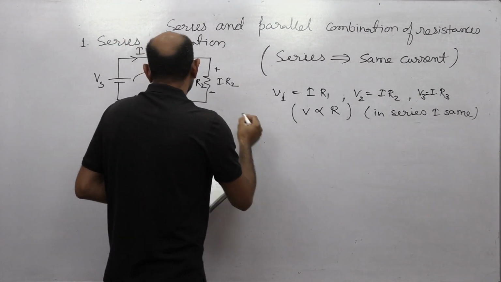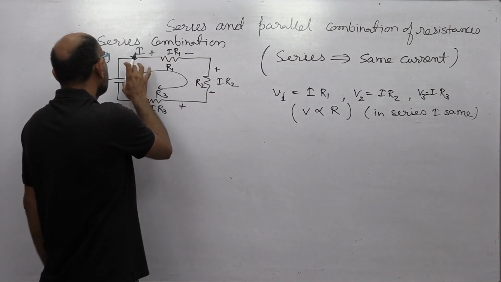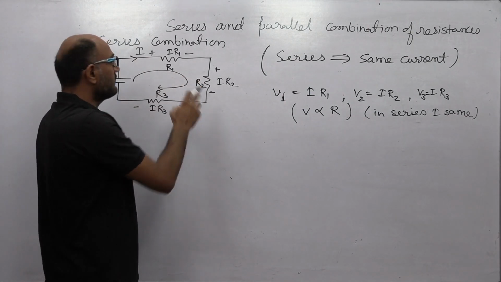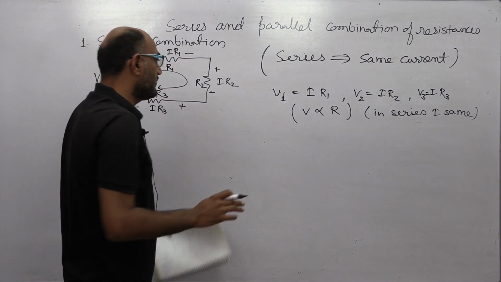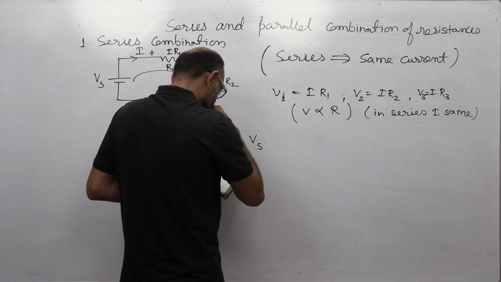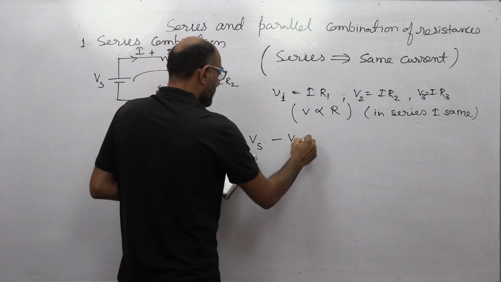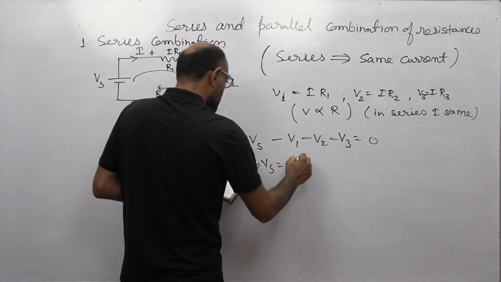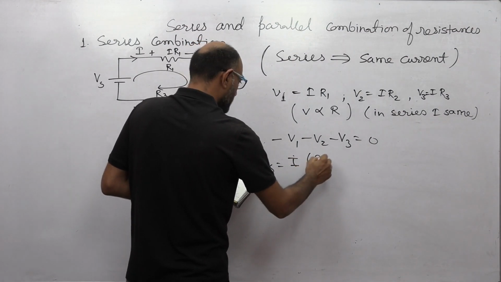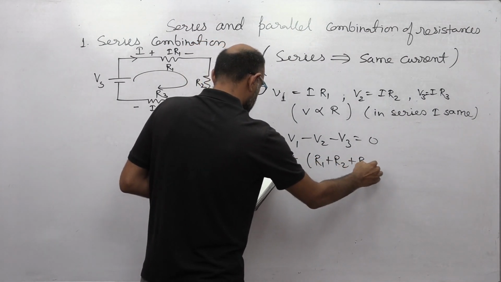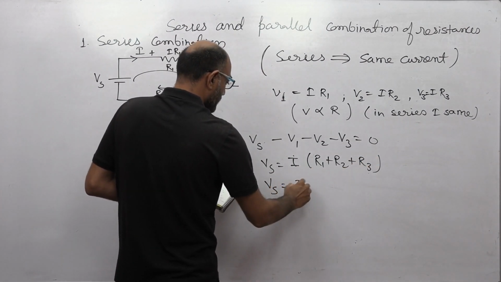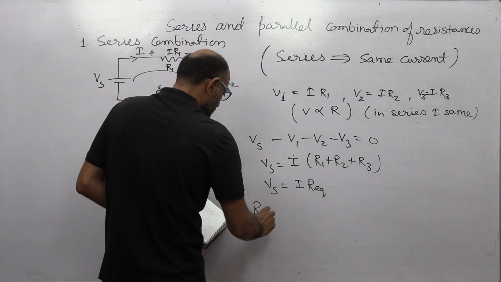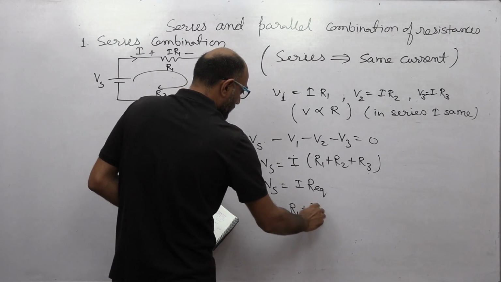So you can write that the potential delivered from Vs is distributed, or shared, over the different resistances R1, R2 and R3. So you can write Vs minus V1 minus V2 minus V3 equal to 0, that is Vs equal to I times R equivalent, where R equivalent is R1 plus R2 plus R3.